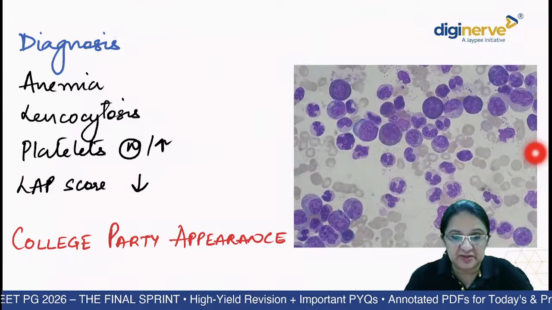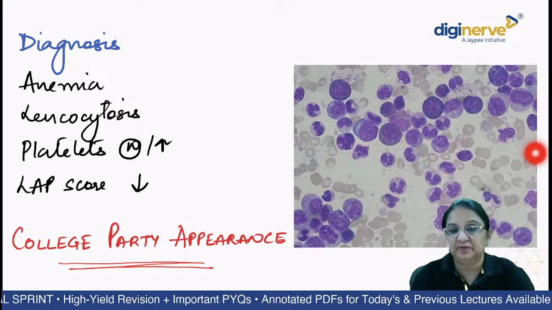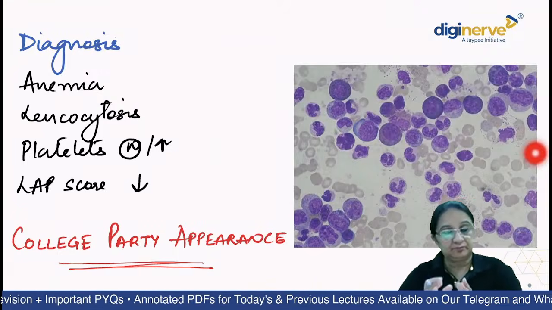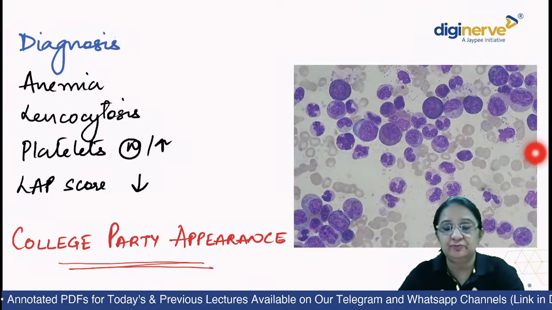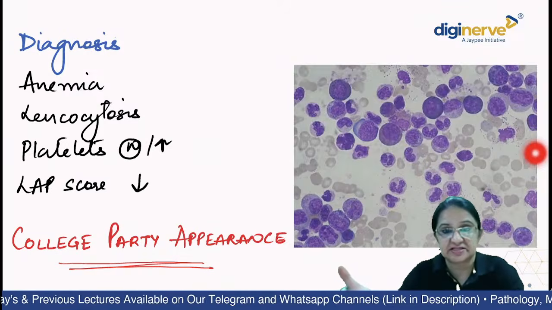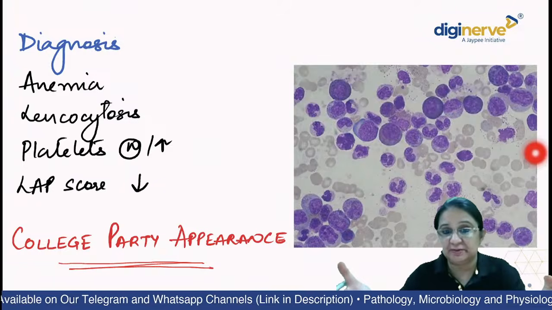The peripheral smear characteristic feature that we all know about is the college party appearance. College party appearance means, see, in a college party there is no uniform, you all go in different dresses, right? So everybody looks different. So this is a college party appearance.